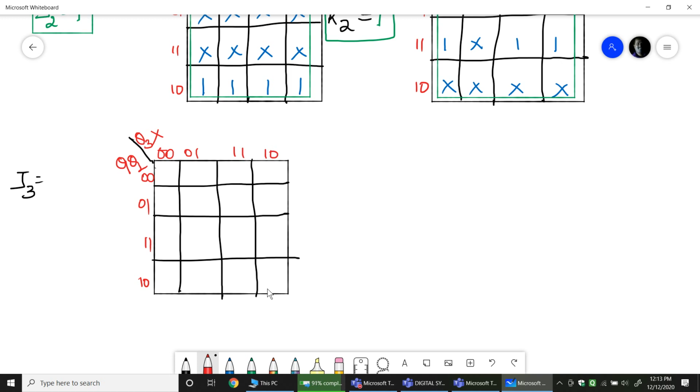So if I look into the table now, J3 will be equal to what?